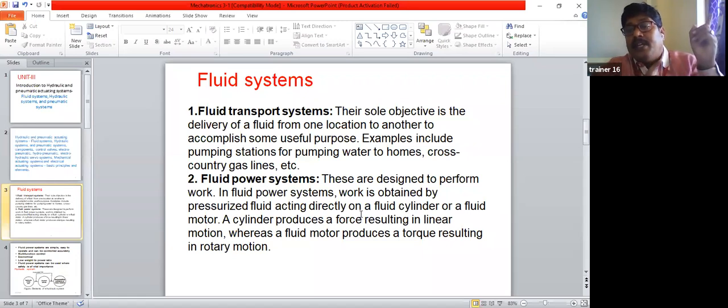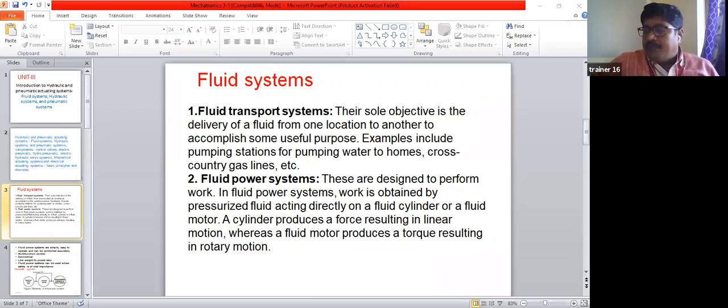In mechanical actuation, whatever the mechanisms, once a repair is needed, a large maintenance is required. But here the maintenance is very less in hydraulic and pneumatic actuation systems.